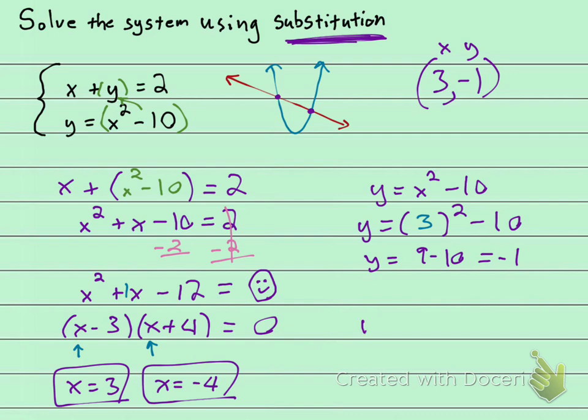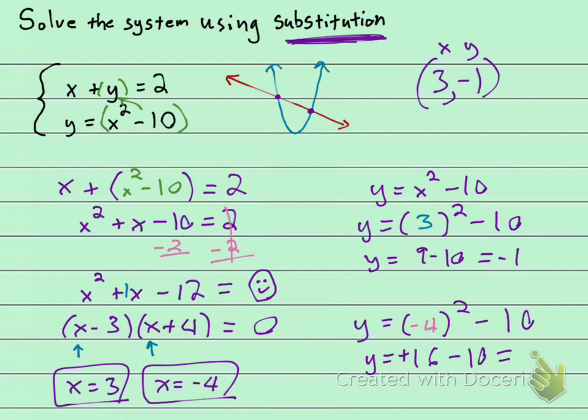Now let's do it again. y equals x squared minus 10, but what I'm going to plug in for my x value is a negative 4. Okay, you need these parentheses here. Your calculator may tell you negative 16 if you don't put the parentheses, but we know that a negative times a negative is a positive 16.